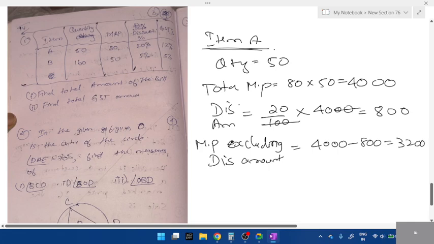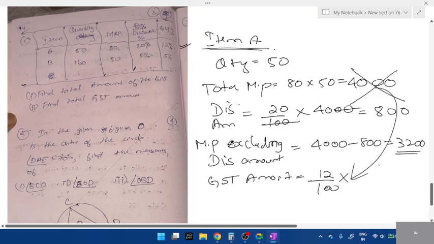That's it. Any question, do the same. Whenever mark price and discount is given, remove the discount. Then add GST. So GST percent is given, find the GST amount: 12 divided by 100 into this value. Whatever value is there, not 4,000, so you don't take 4,000. 3,200.